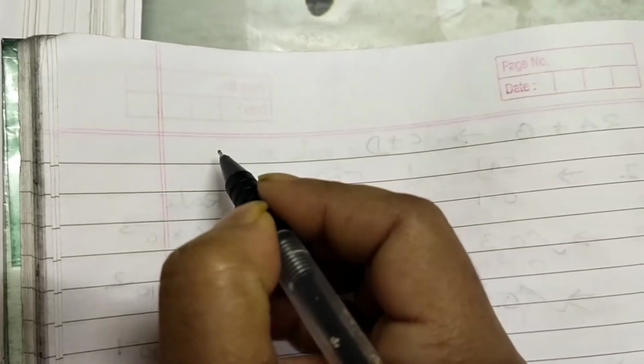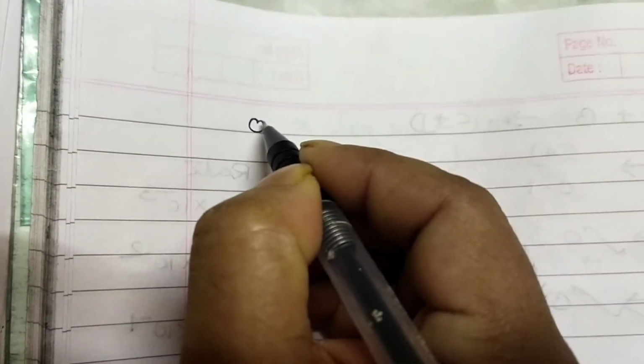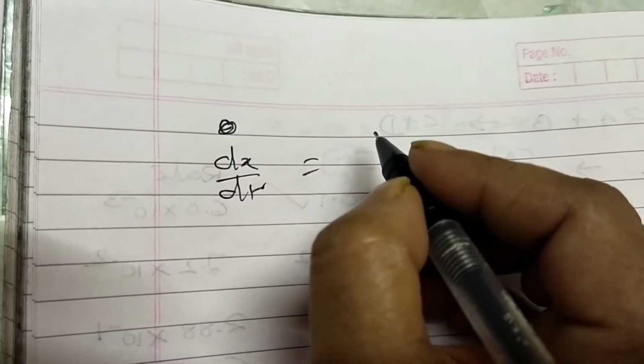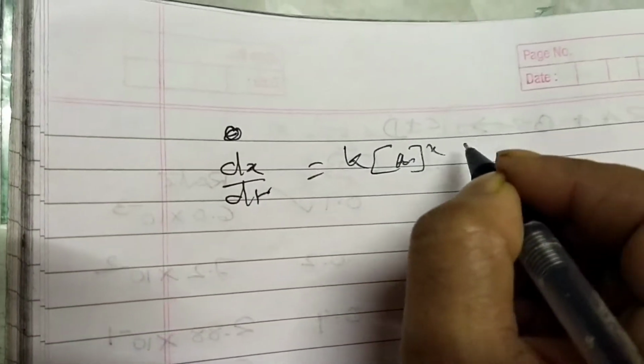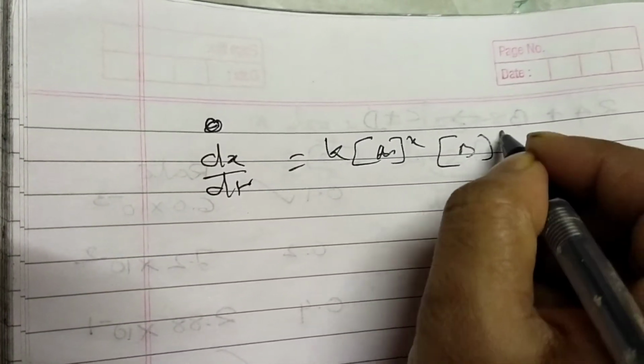How is it? Look here. So dx by dt equals k A to the power x and B to the power y.